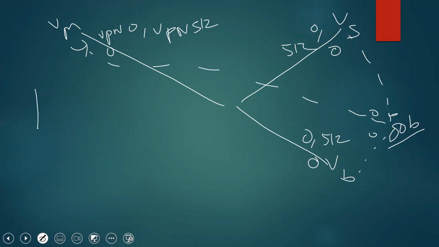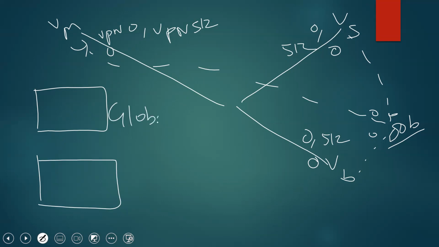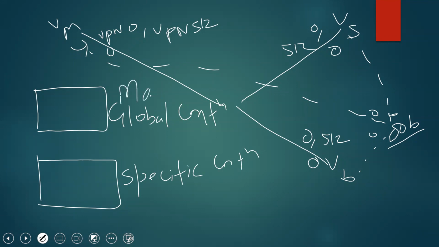If you break down the configuration, you will find that you have something called global configuration, and then you have some specific configuration. Global configuration means that it will be global, and we have some mandatory global configuration.